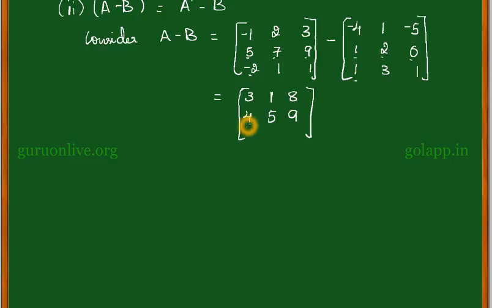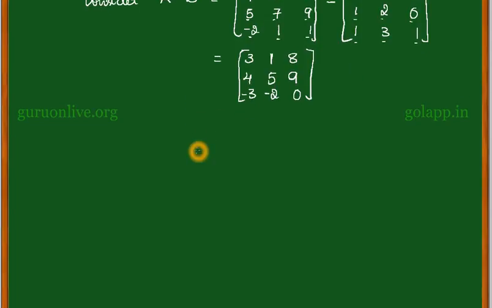So minus 2 minus 1 is minus 3. Second element in the last row is 1, corresponding element is 3. 1 minus 3 is minus 2. And the last element in the last row is 1, corresponding element is 1. So 1 minus 1 is 0. This is your A minus B.